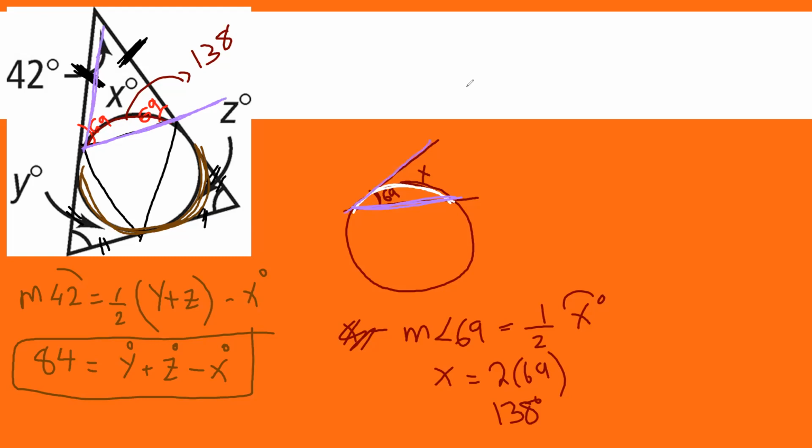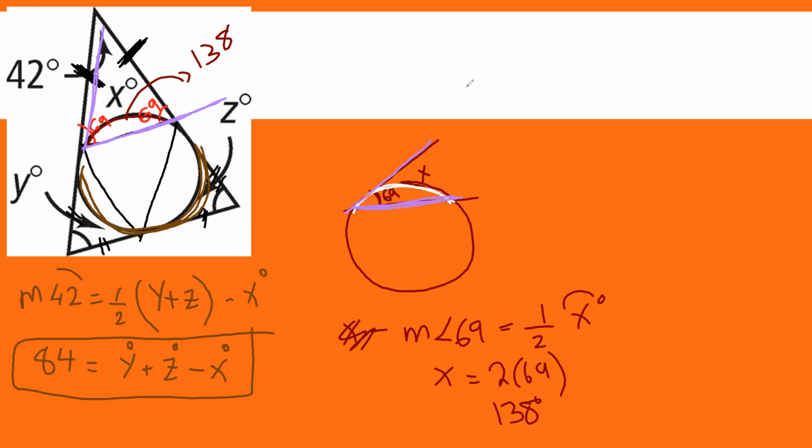Oh, okay. So because of that, this 69 will be half the arc, so x will be 138. Yes, teacher, thank you.